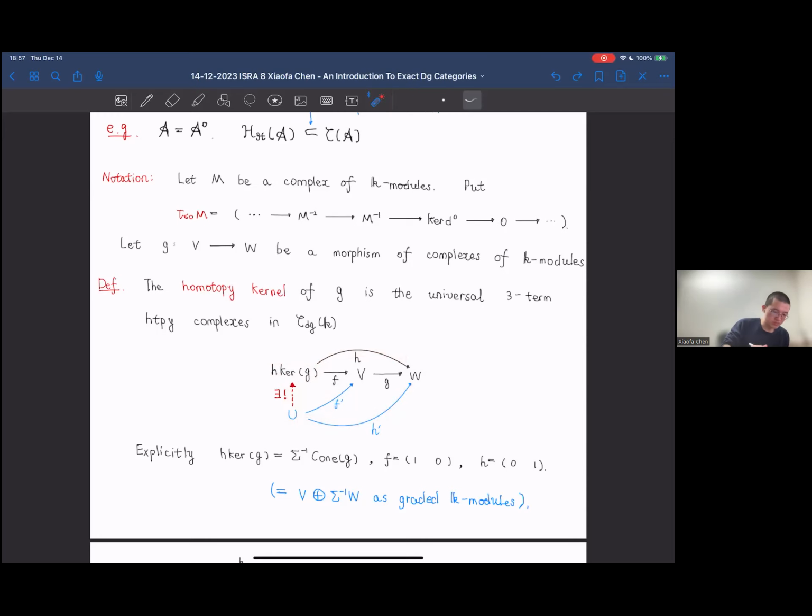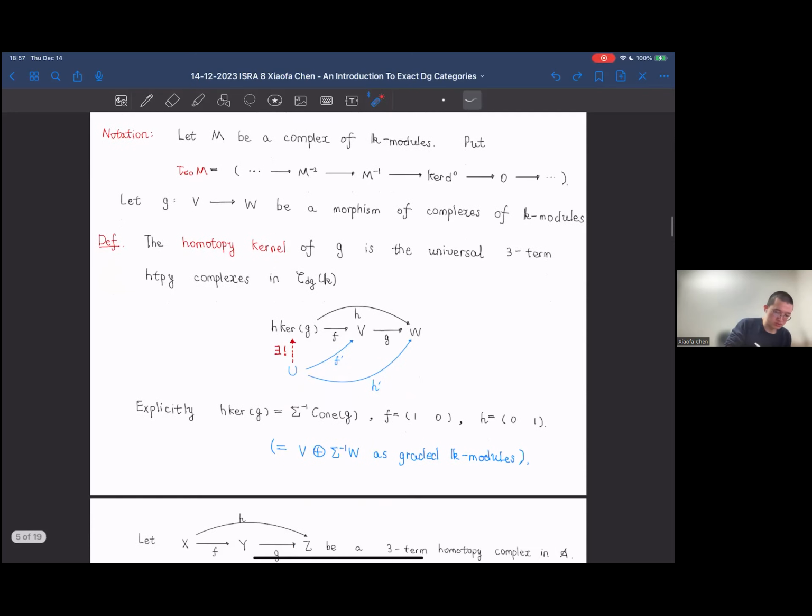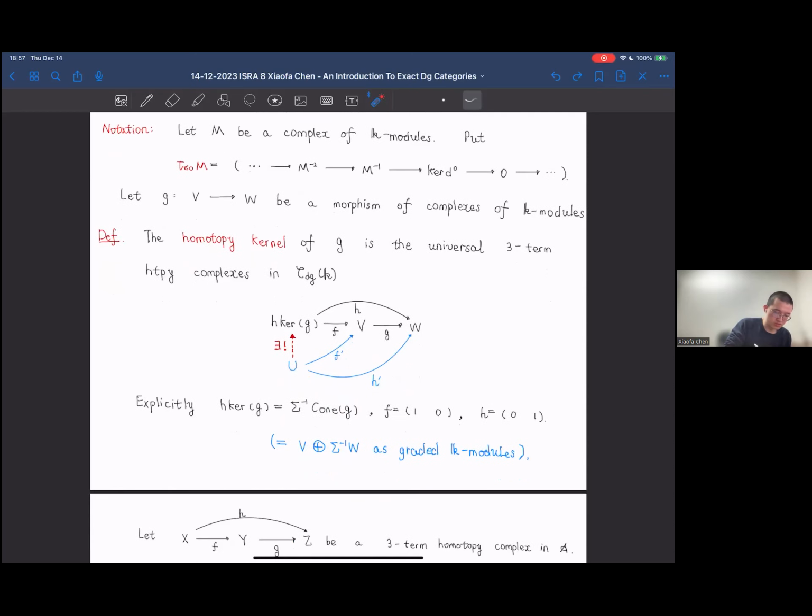Okay, explicitly we can write this homotopy kernel as follows. It equals the shift inverse of the cone of this morphism G. So as a graded K module, it equals the sum of the source and the shift inverse of the target, and the map F will be the projection to the first component, and the morphism H will be the projection onto the second component.